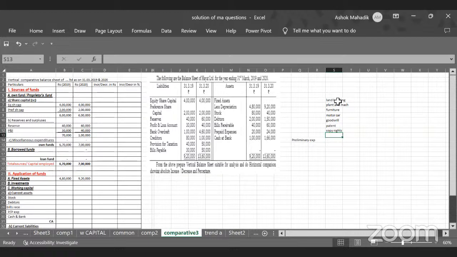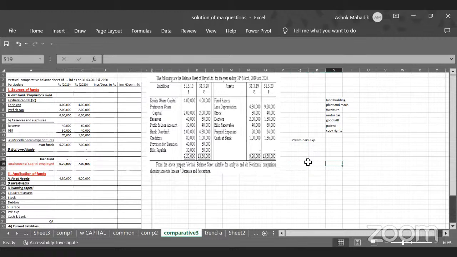So in the exam, instead of one fixed asset line, you may find 5, 6 items. So what you'll do, you'll just make a heading fixed asset and list down all the items one by one, and write the amounts in their respective columns. Yes, equipment, very good. Understood?